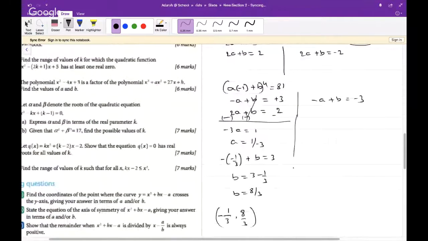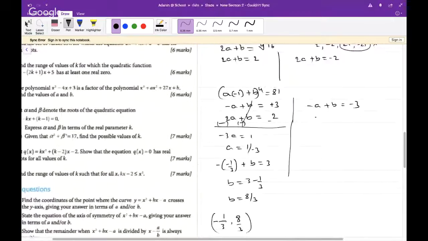Then if we use these two, 2a plus b equals minus 2. So change the signs, minus and plus. So this gets cancelled.